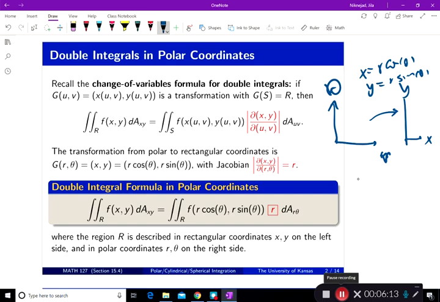The Jacobian is going to be, let's say, x with respect to r is cosine theta, then x with respect to theta is negative r sine theta, y with respect to r is sine theta, y with respect to theta is r cosine theta.